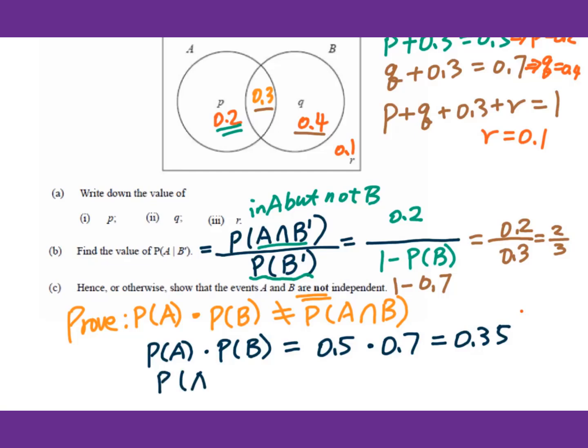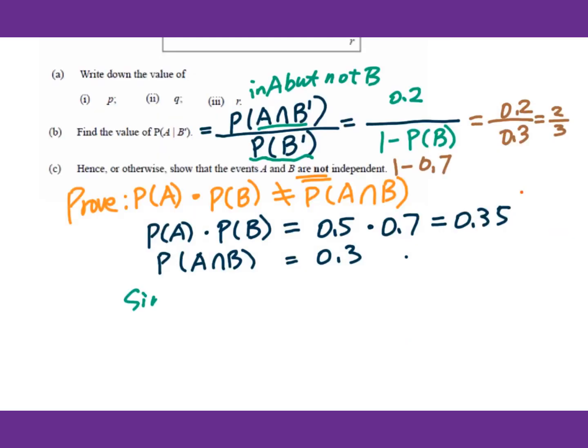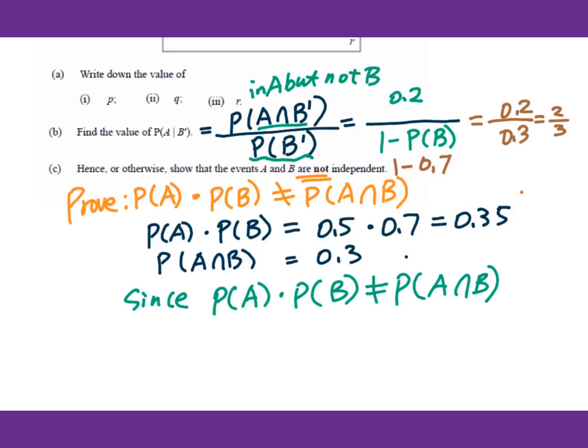Probability of A intersect B is 0.3. Since the probability of A times the probability of B is not equal to the probability of A intersect B, events A and B are not independent.